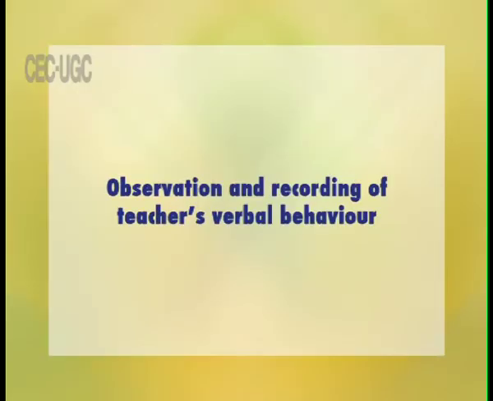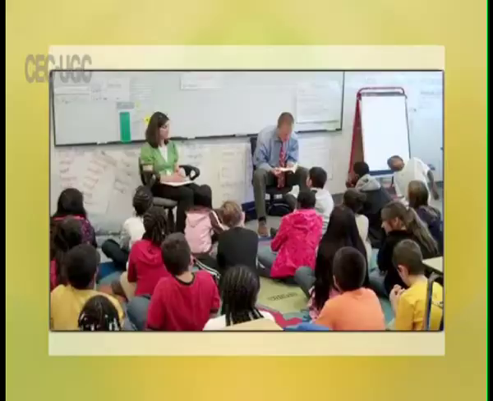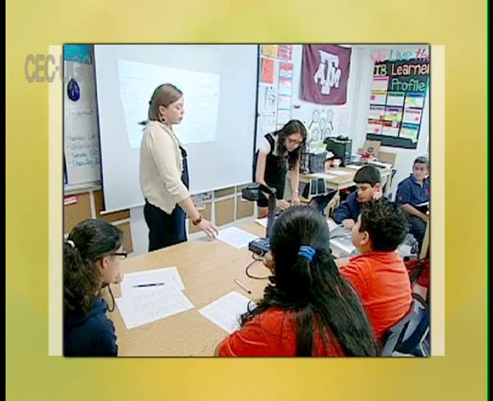First, observation and recording of teacher's verbal behavior. The teacher starts teaching in the classroom. The observer enters the class where he can observe the teacher, listen to him and watch his movements without disturbing anybody.